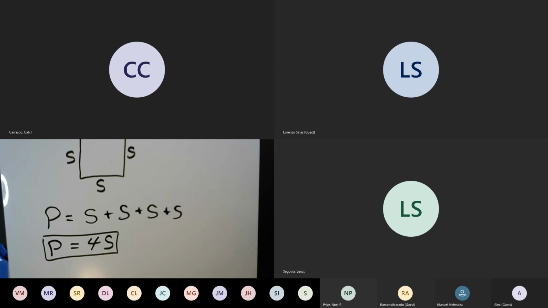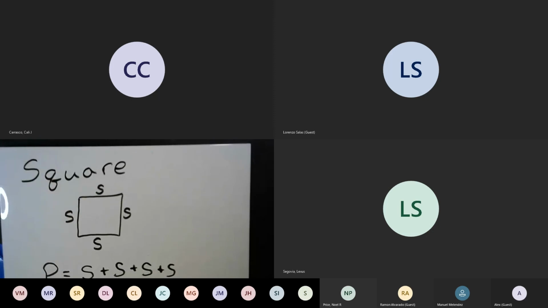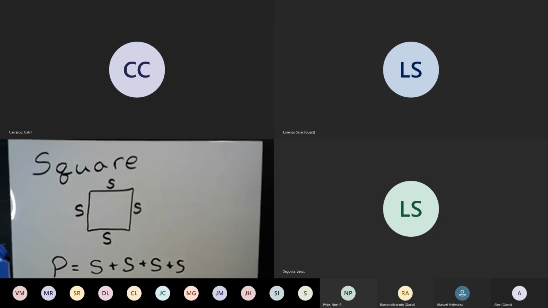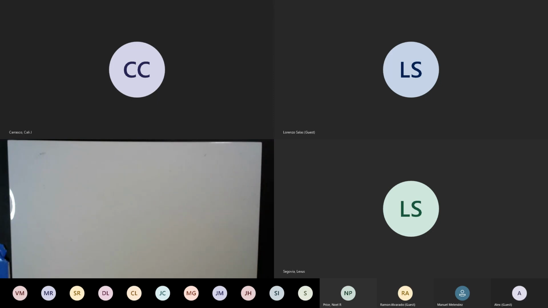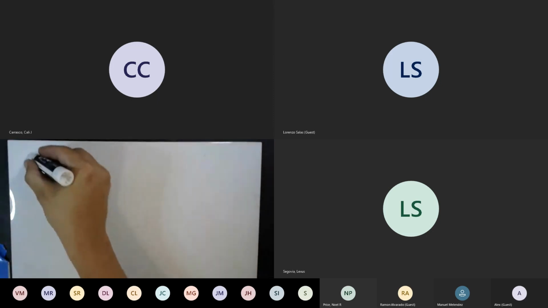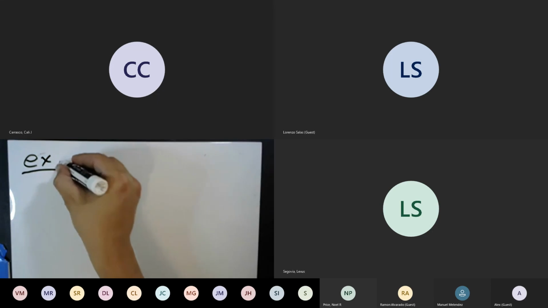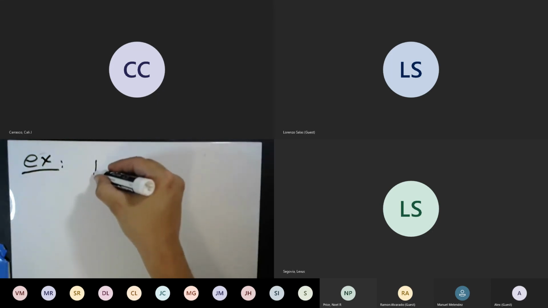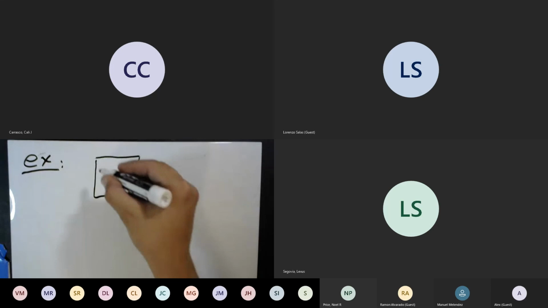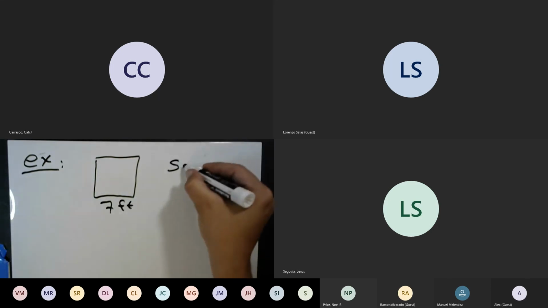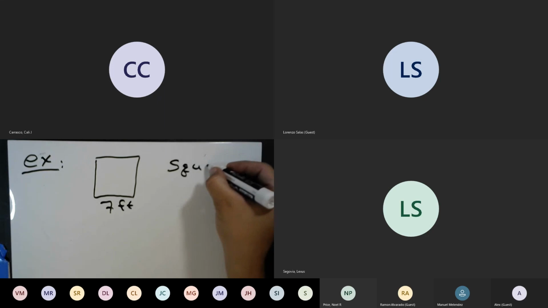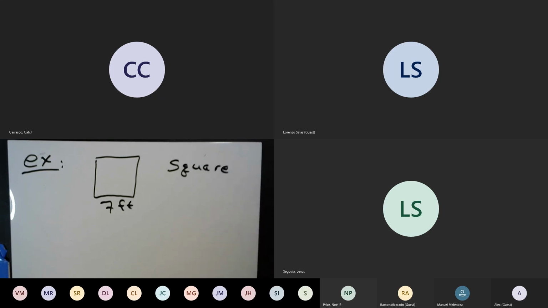So what typically happens with squares is you'll be given, say, one of the sides. And they'll tell you that it's a square. Like say this is 7 feet. And that's important because you can have a rectangle that's just slightly a rectangle, just barely.